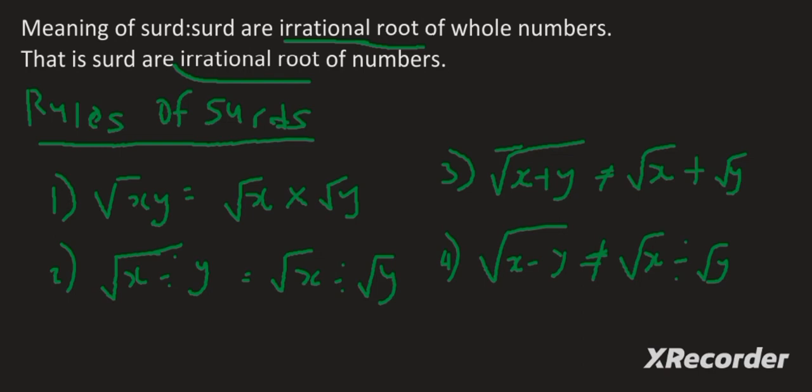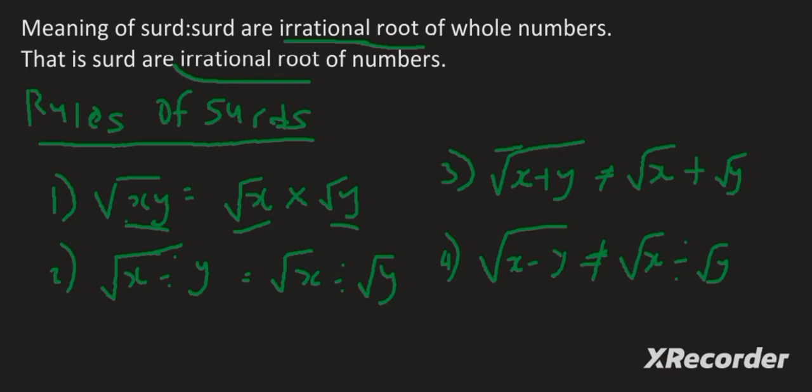The first rule is the multiplication rule. The first one I underlined, the square root of x multiplied by y, where x and y are whole numbers. It means that if you have two numbers multiplying each other under a root, you can take the root of x separately and multiply it by the root of y separately.